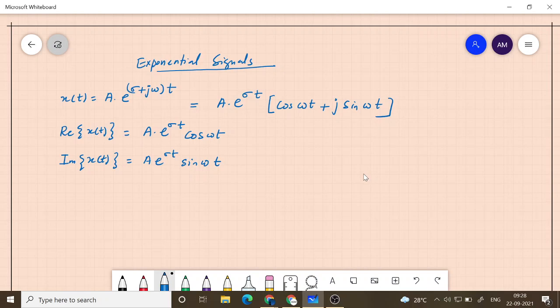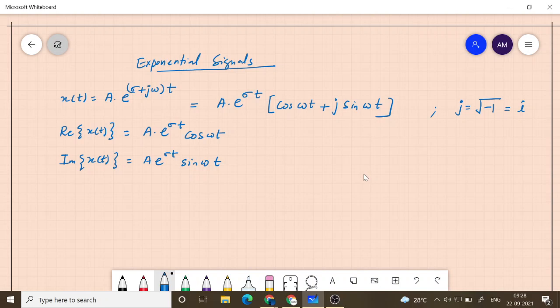The imaginary part is the part which has j. In electrical and electronics engineering we use j, which is basically the square root of minus 1. In mathematics usually we put i, but here mostly books use j as the square root of minus 1, referring to the imaginary part.